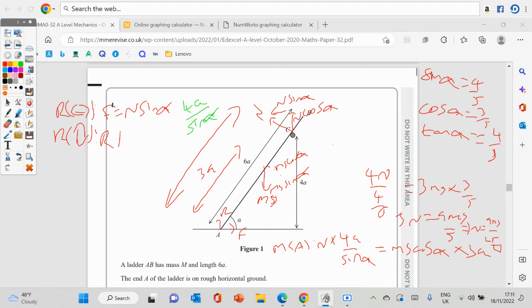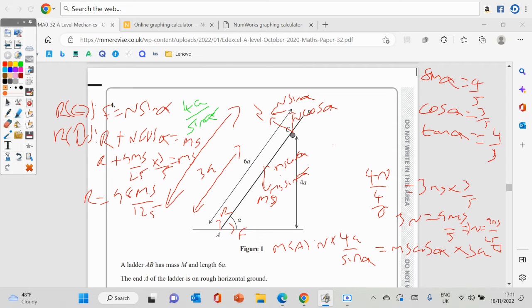I get R plus N cos alpha will be equal to mg. So R plus 9mg over 25 times 3/5 has got to be equal to the mass times gravity. So I can get the value of R out. It's not nice, 98mg over 125, I think I get on my calculator.